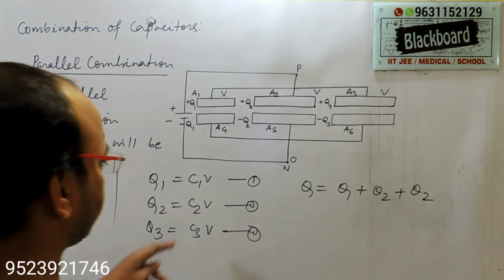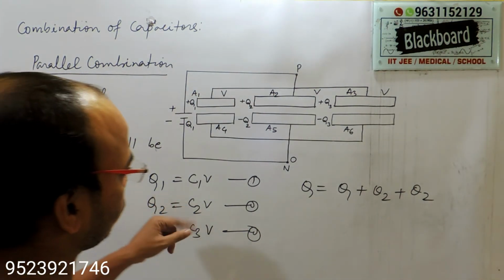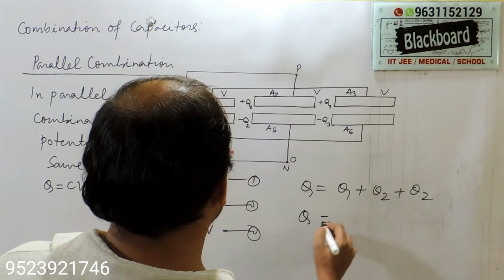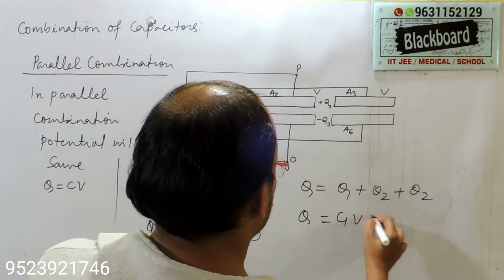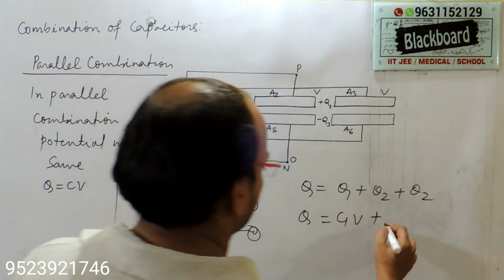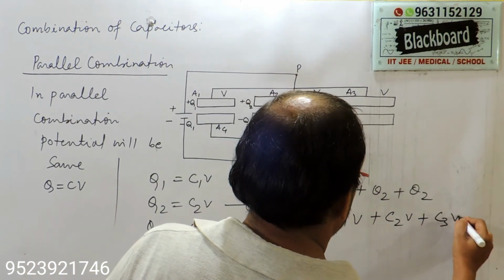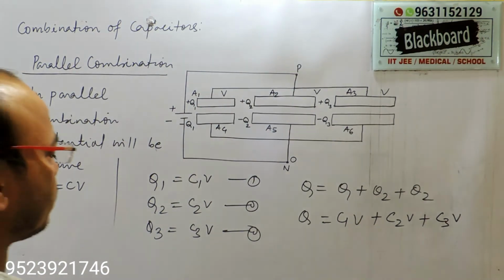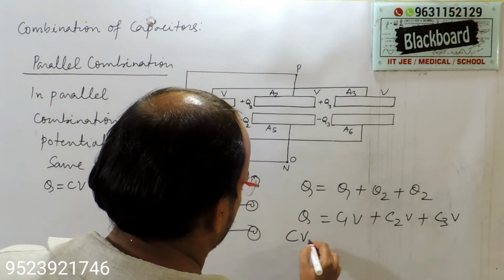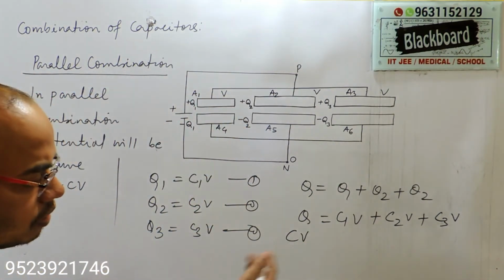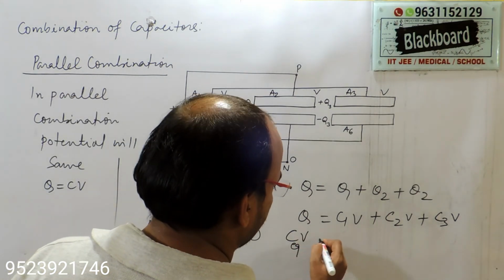That means you can write Q is equal to, so what will Q1 be? Q1 is here C1V, Q2 is C2V, Q3 is C3V, and Q is equal to CV. V is same, and C is C equivalent.